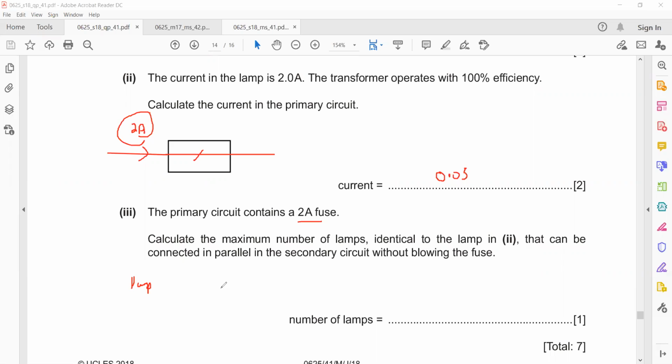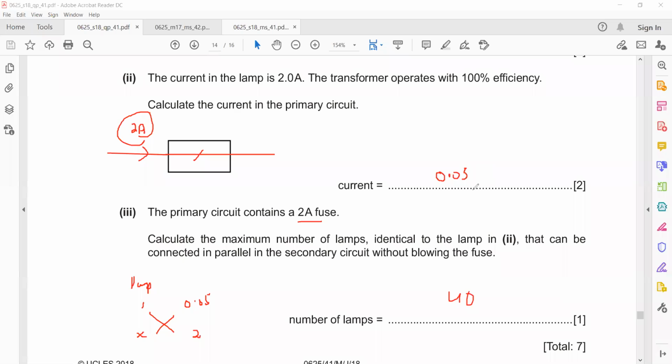It will be 40 lamps, because if one lamp is allowing 0.05, then for 2 ampere, how many lamps will there be? X. Cross multiply. So you will get 40 lamps. If it's more than 40, the current will be more.